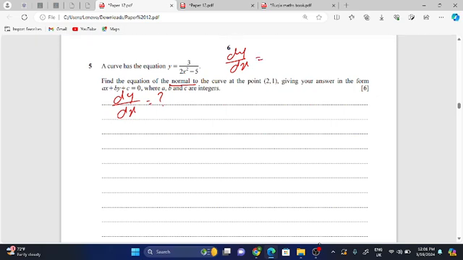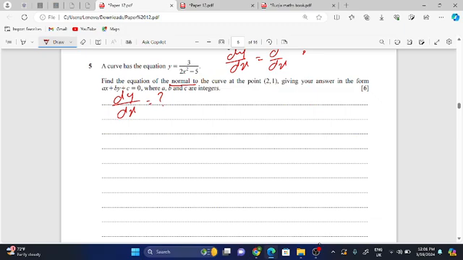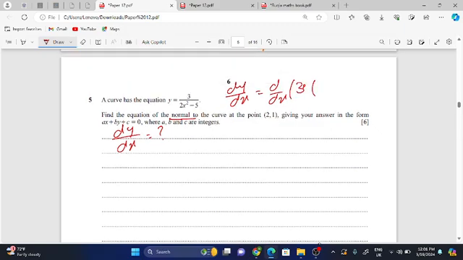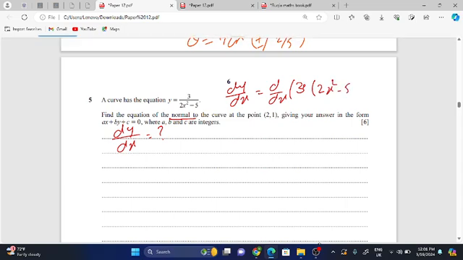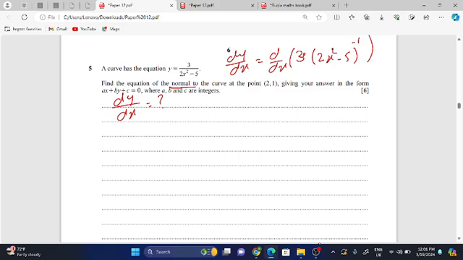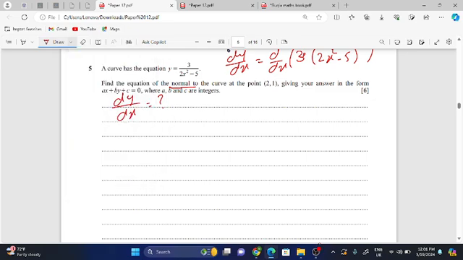Writing it as dy/dx of 3 times (2x squared minus 5) to the power of minus 1, I'm going to calculate the derivative first. So the power rule of differentiation will be applicable.